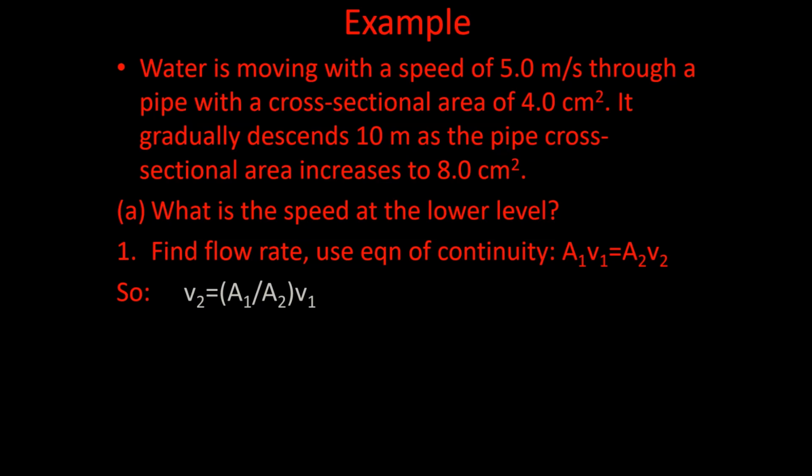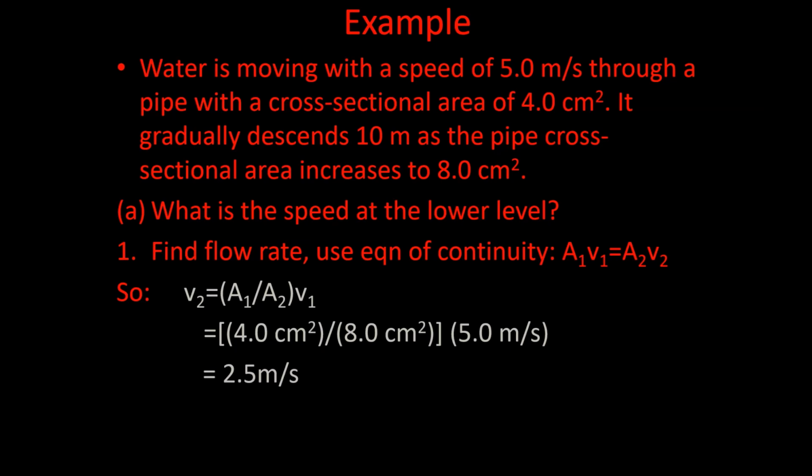A2 is the area of the pipe at the bottom, and V2 is the speed at the bottom. So this is going to be 4 square centimeters over 8 square centimeters times 5 meters per second. Convert the centimeters through, and you'll end up with an answer of about 2.5 meters per second.